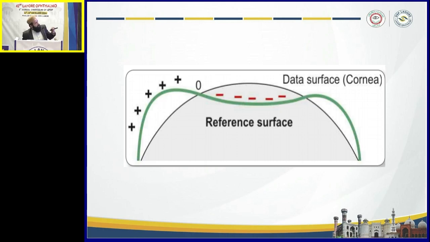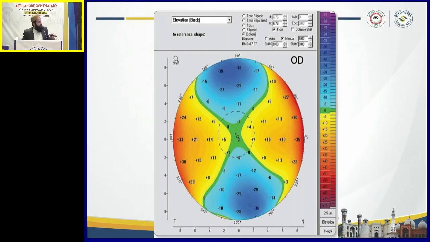While if it's in the plus form, we can see the cornea of that surface as compared to the best fit sphere is elevated. You see this. So this is normal, cool colors. These are the minus values, and these are non-significant minus values with the hot island, cool island superiorly and inferiorly.